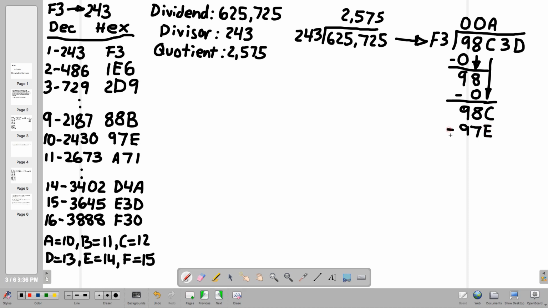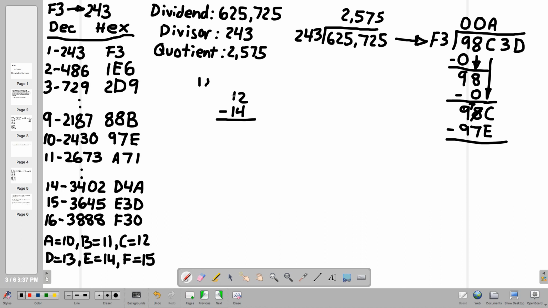And so we subtract. Okay, so we have C minus E, just how you do it with regular subtraction. C minus E is the same as saying 12. So we have 12 minus E, but E is represented as 14. What that tells us, we don't want a negative number. So what I would do here is cross out the 8, and a 7 goes there.